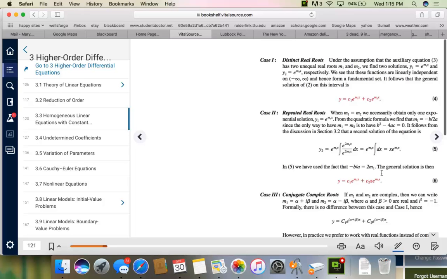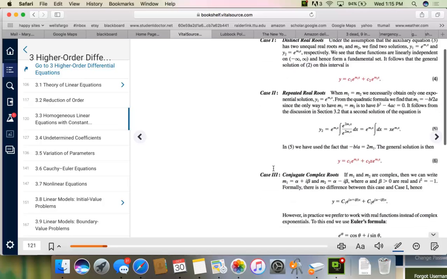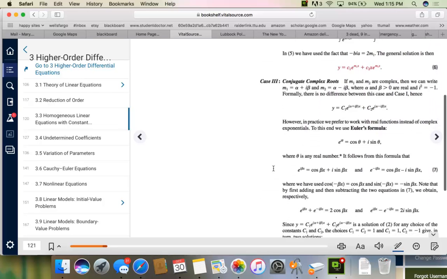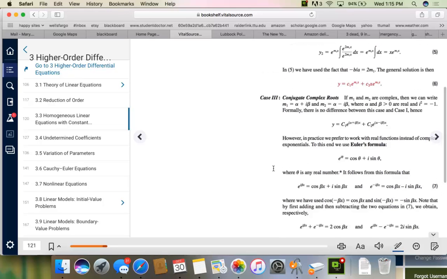So what's in the exponential is the same. You just have a term that has an x present. And that is common, by the way, independent of the order. So if we had a third order differential equation and the result was one single root, for example, if you're solving an auxiliary equation that is m cubed minus 1 is equal to 0, then m cubed is equal to 1, and so m would equal 1 and m would only equal 1.